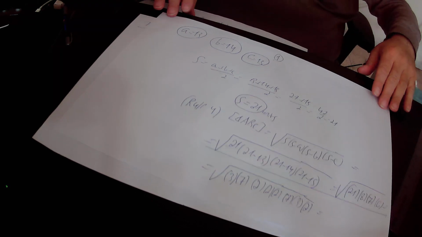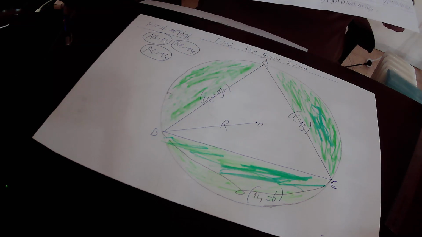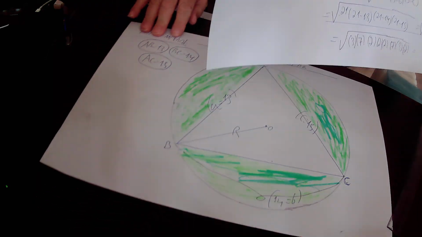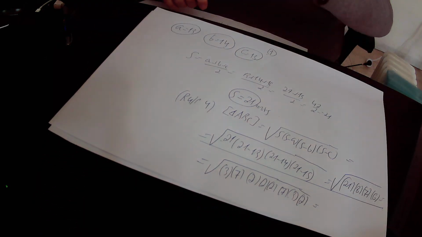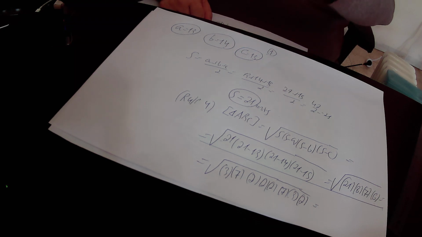In the next step, we found the semi-perimeter S of this triangle ABC. According to the new rule number 4, the semi-perimeter S of our triangle ABC must equal A plus B plus C over 2. That is the perimeter over 2.